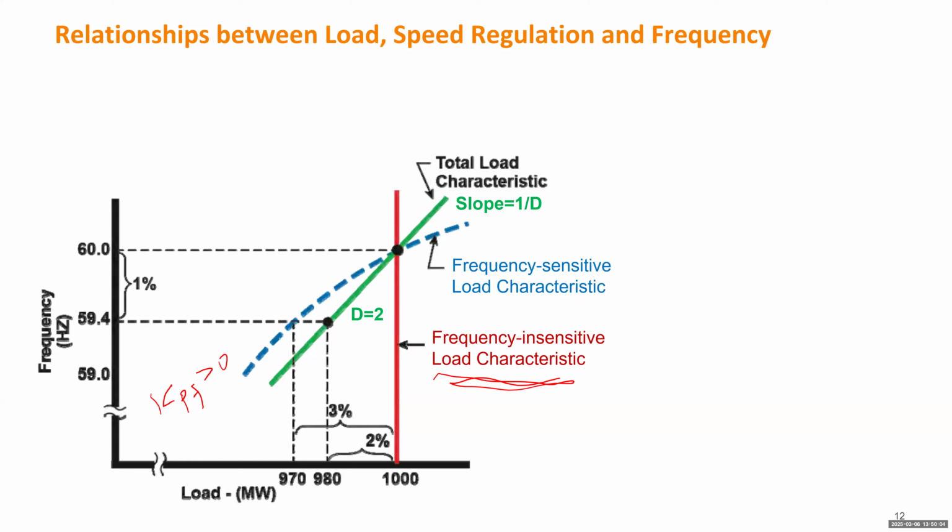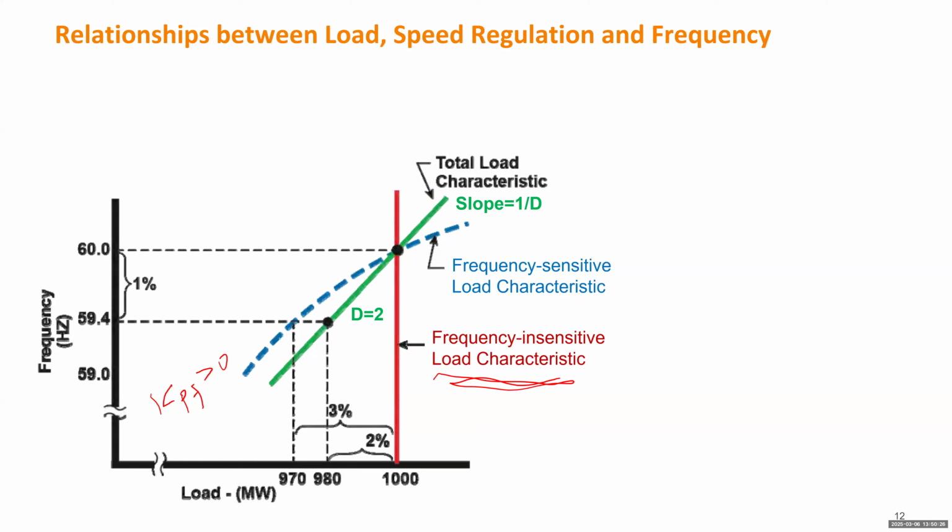If the load has both a frequency sensitive component and a frequency insensitive component, eventually that will become the green line, something in the middle. So here, let's just use a straight line to approximate the total load characteristic with D equal to 2.